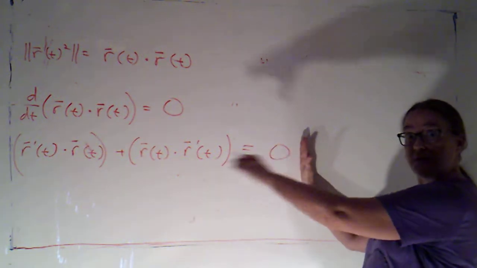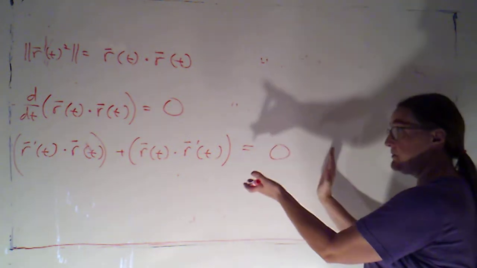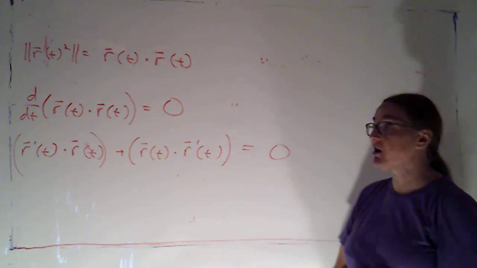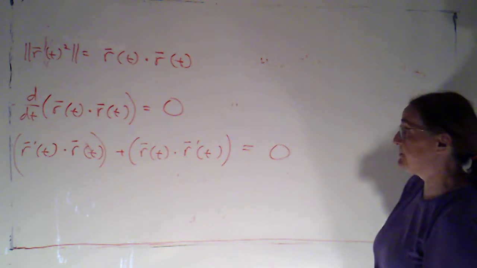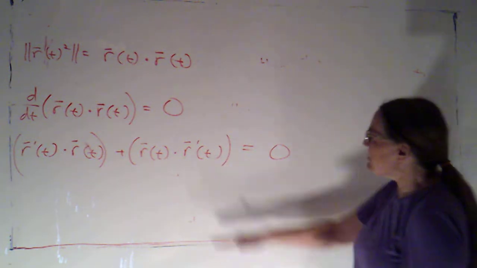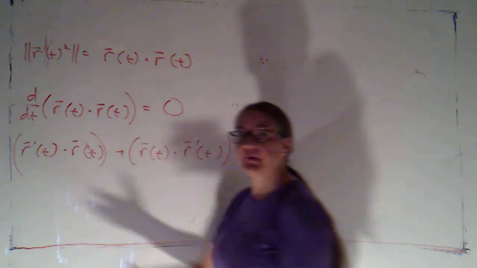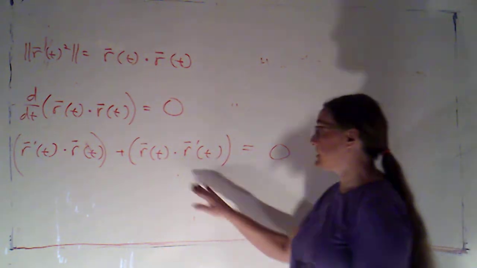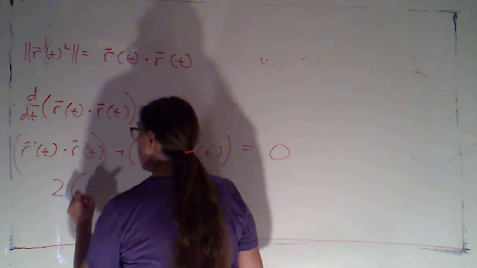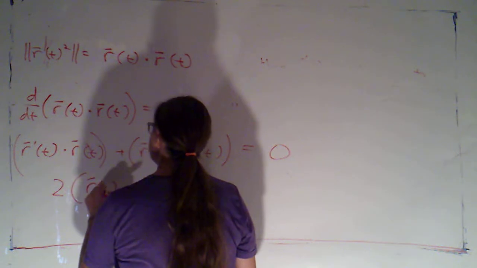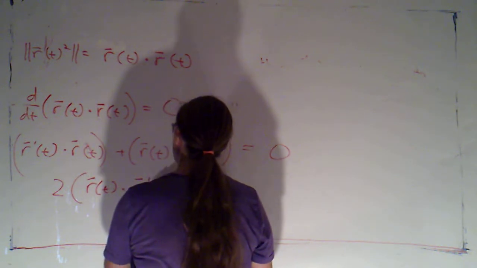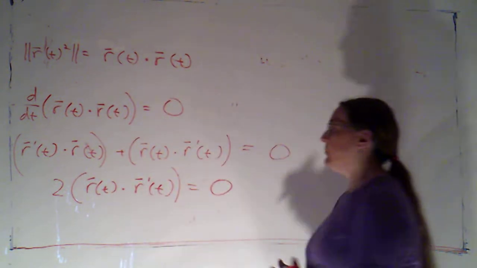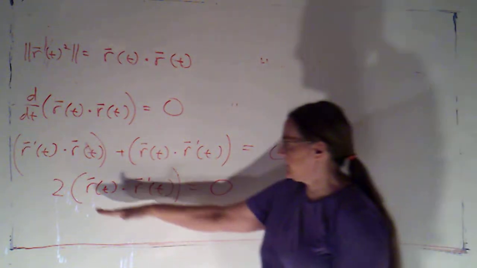I'm not trying to prove this equation is true. We know that's true because we're taking the derivative of a constant. I'm just trying to explore what that means. Now notice these two terms are the same because they're both the dot product of r and r prime. Remember, the dot product is commutative, so this is 2 copies of r of t dotted with r prime of t would have to equal 0. This is just a number.